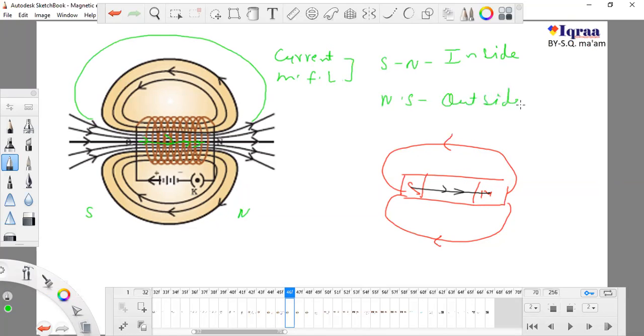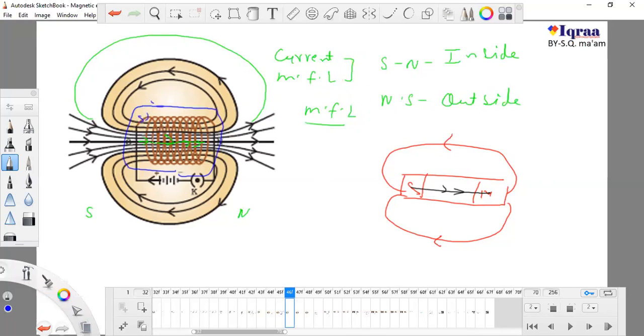Current will not flow outside, just magnetic field lines are there. Current will stay just in this area, in these copper wires.